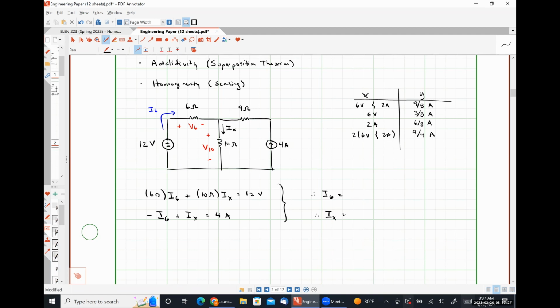Luckily for me, the TI calculators keep the equations stored, so I'm just going to change 6 to 12 and 2 to 4, and I get negative 7/4 of an amp and positive 9/4 of an amp. So what we've just verified here is that the scaling property happens to work for this circuit as well.